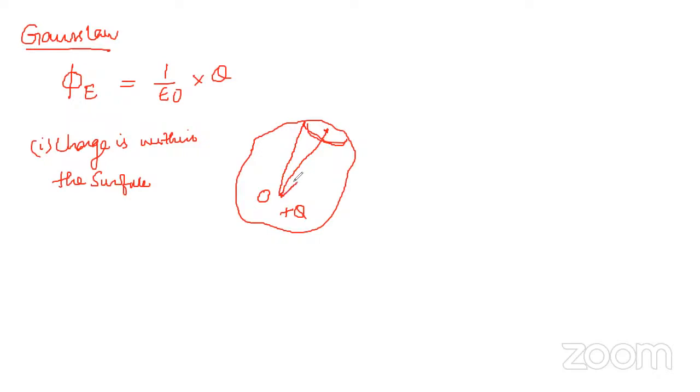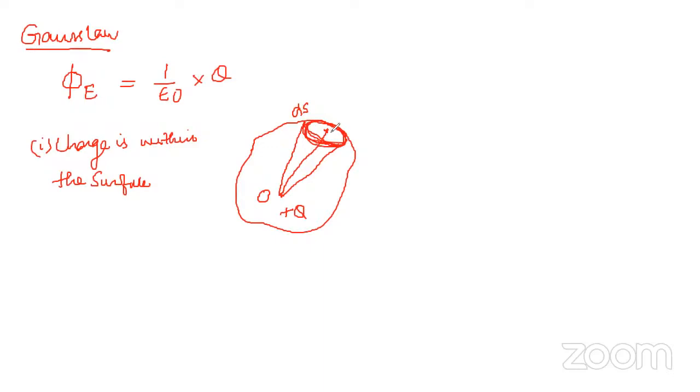This is the smaller area dS which we have considered around this point P.